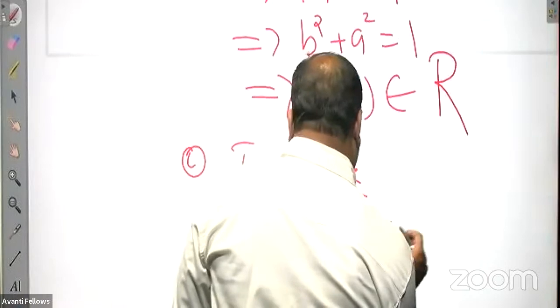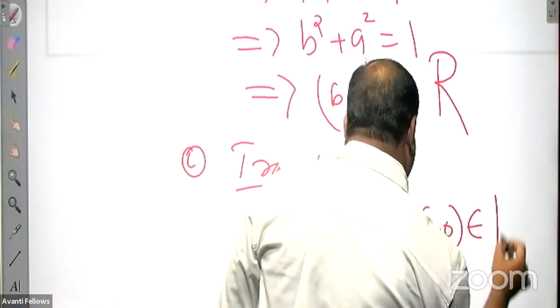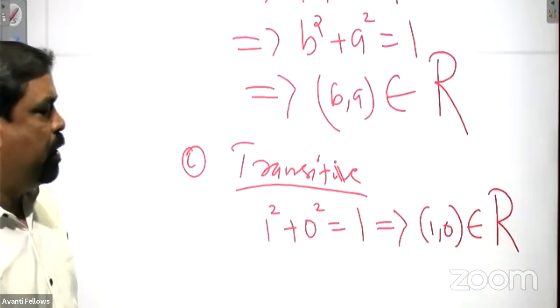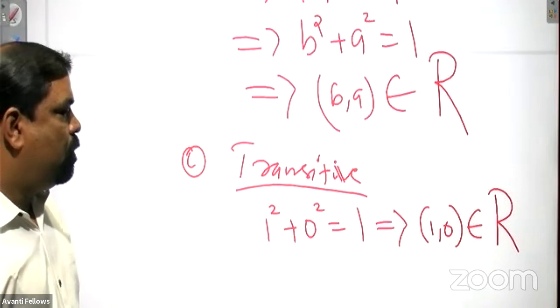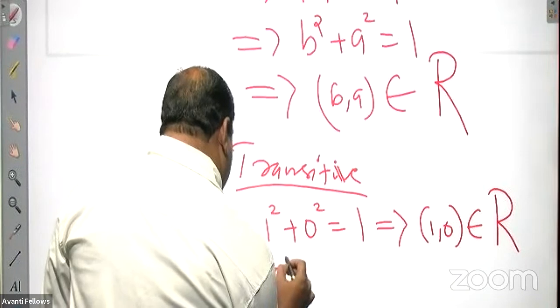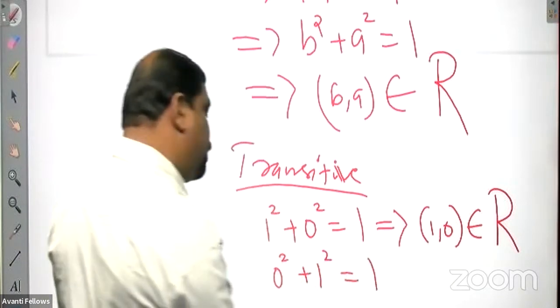So we can say that (1, 0) is in the relation. Also, in the other way, 0 square plus 1 square equal to 1.